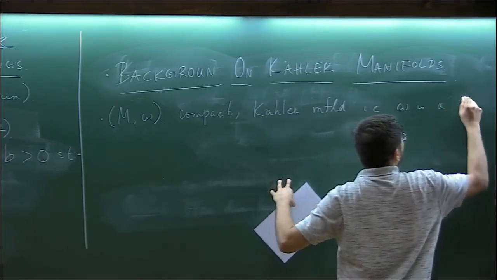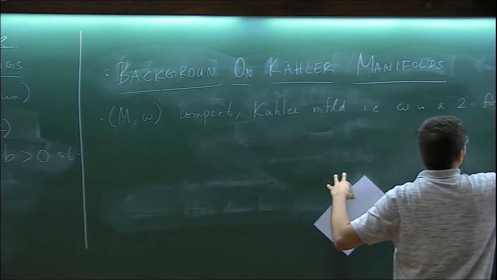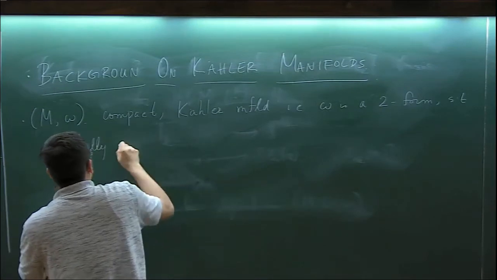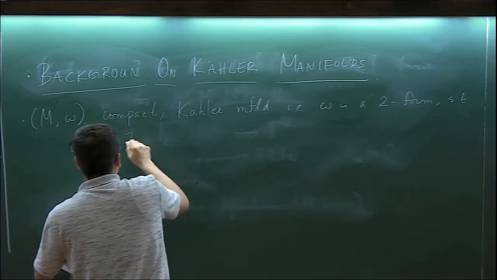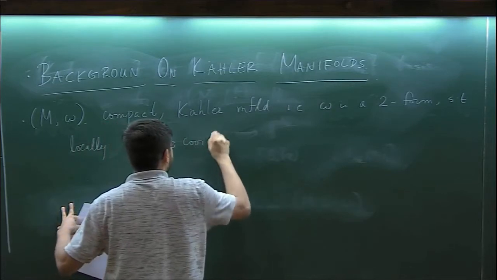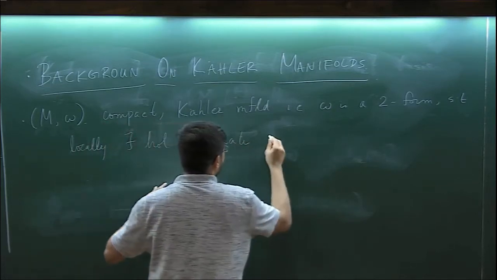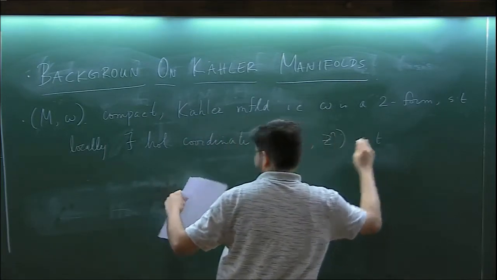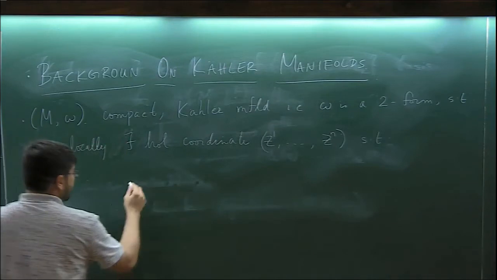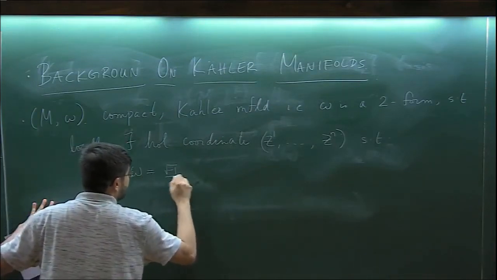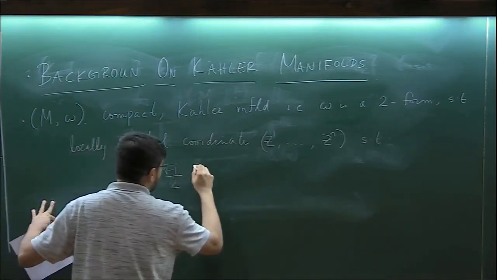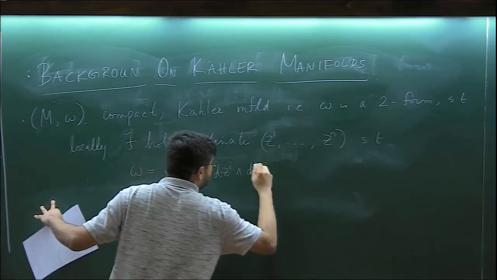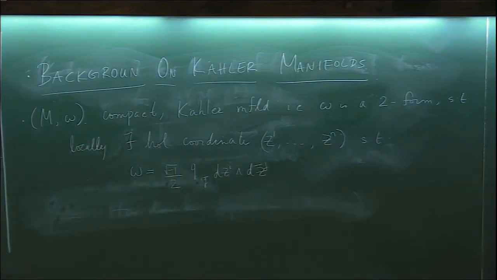Omega is a 2 form such that locally there exist holomorphic coordinates z1, ..., zn, such that the following holds true: omega can be written as square root of minus 1 by 2 g_ij bar dz_i wedge dz_j bar.